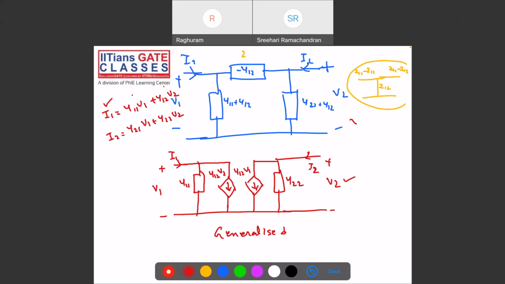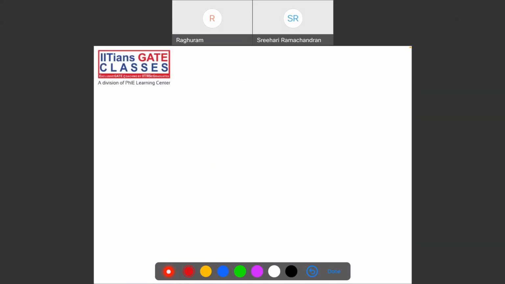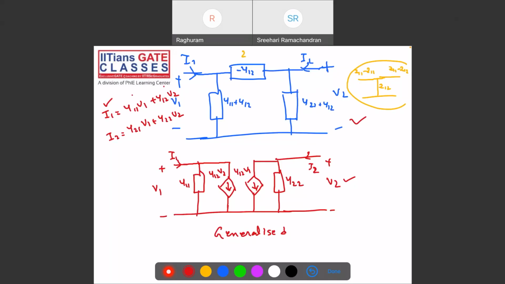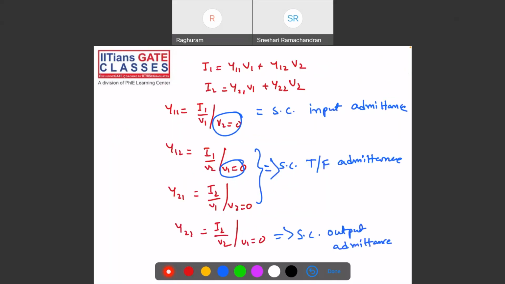That means Z12 equal to Z21 and Y12 is equal to Y21. Condition for reciprocal and symmetry: Y11 equal to Y22 is a symmetrical network, and Y21 equal to Y12 is reciprocal.